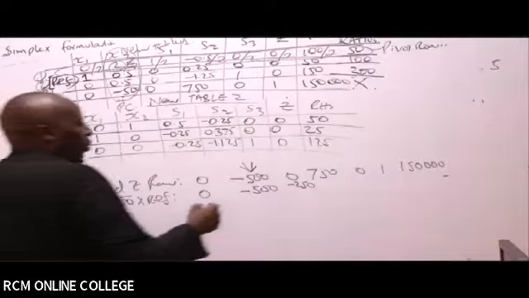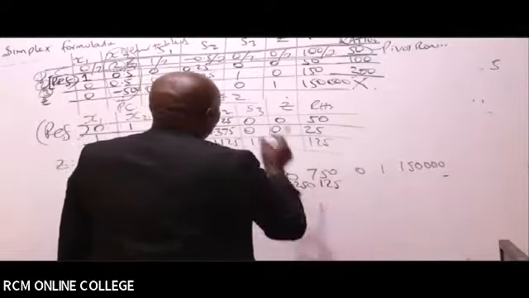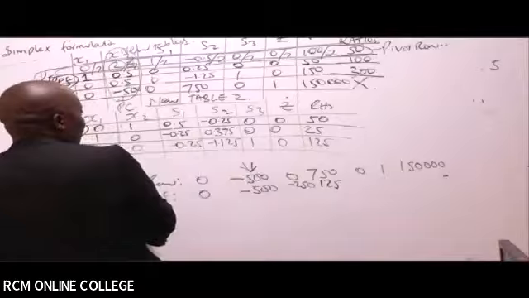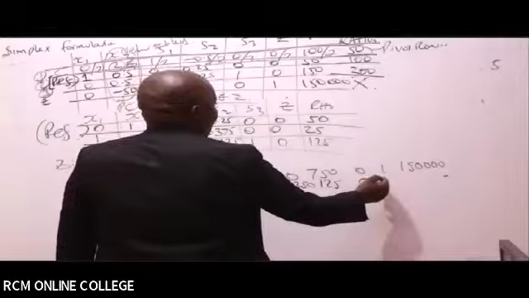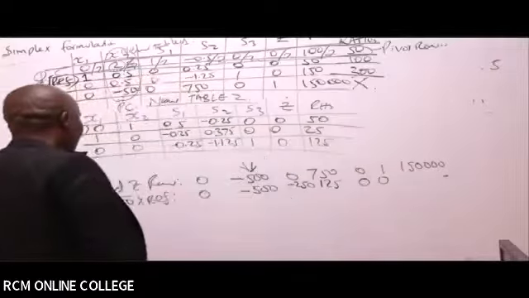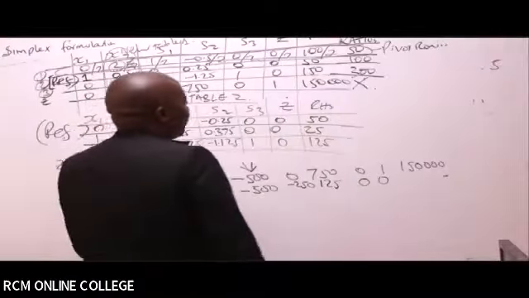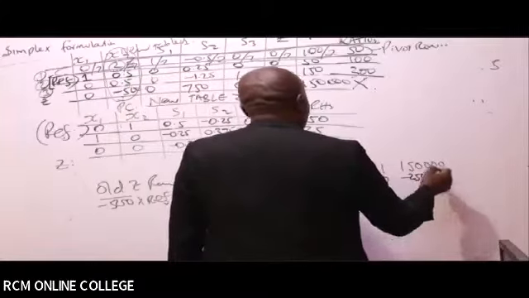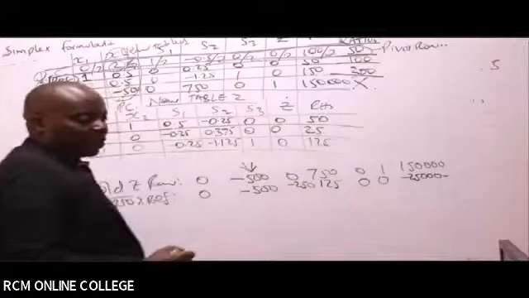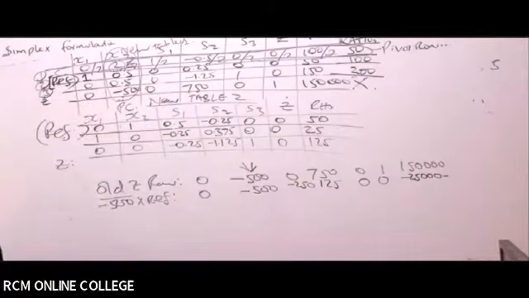Positive 125, thank you so much. And then minus 500 times this, which is 0, 0. Then we have this huge figure, minus 500 times this 50, so that gives me minus 25, 2 zeros plus that 0. Minus 25,000. Is that okay? Thank you so much.